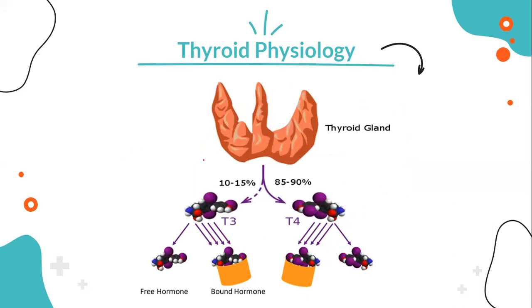So there's a percentage of hormones that are actually free and bound hormones. Does anybody know what kind of molecules they bind to go through the bloodstream? There are three main molecules.